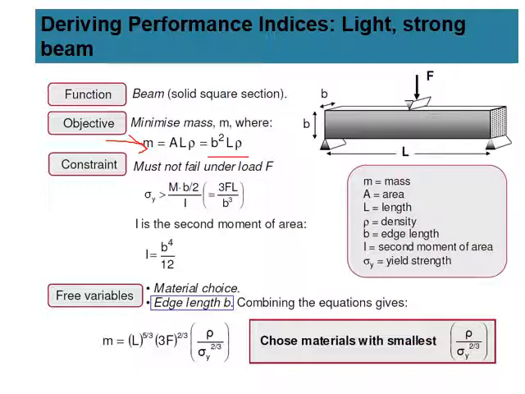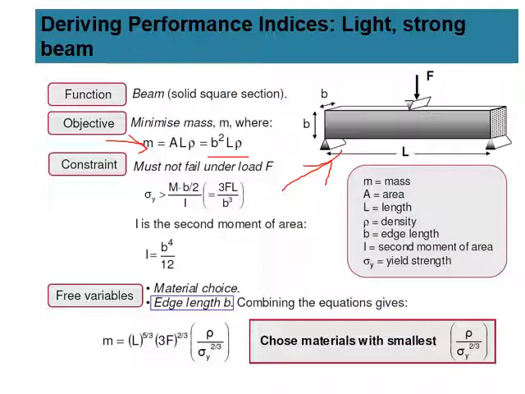Okay, so that the constraint will be not fail under load F. So this is the constraint. So you need to derive the equation over here. M is the moment. So of course you already know this one is the flexural strength. Flexure strength, which is the yield strength over here, is the same.